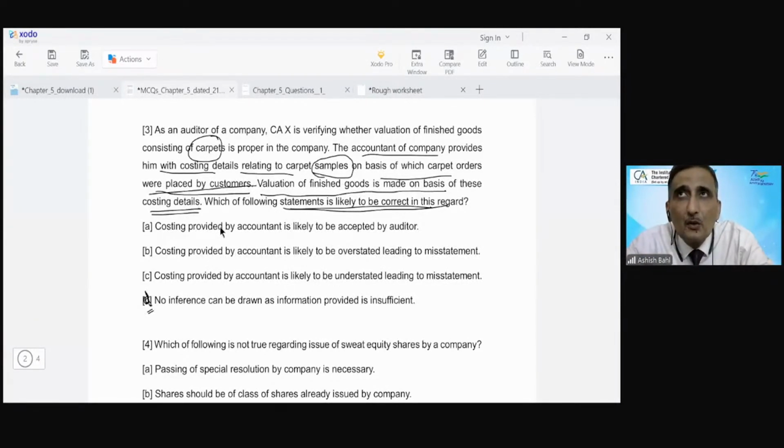But when you engage in routine production, your expenses would obviously be lower. So samples definitely have a higher cost. In some cases they can have abnormally high costs. Like in routine cases, the cost of a product might come to 500 rupees per square meter, but in case of a sample, it may go up to 1000, 1500 per square meter.